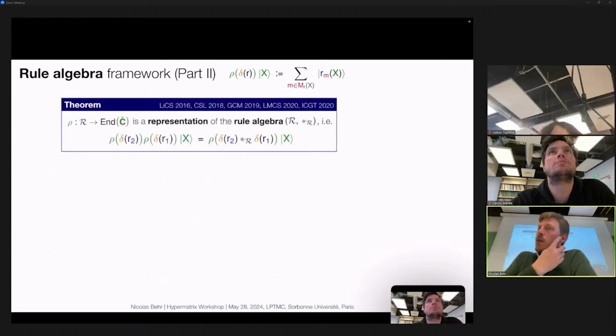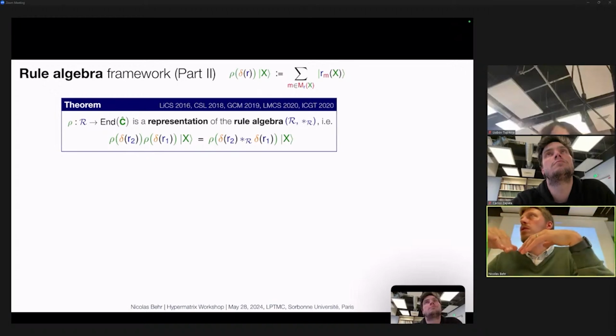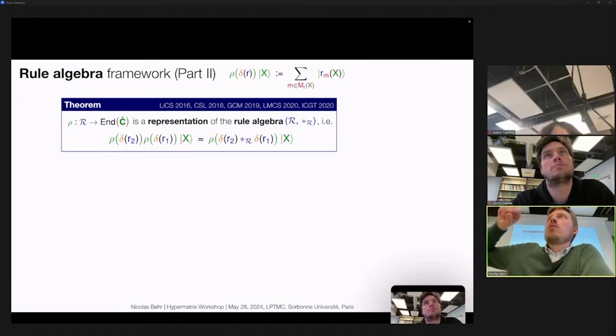And now the real fun part starts, to see that this rho, if the underlying system is compositional, will be bona fide the representation of this rule algebra, of the associative unital algebra, on the vector space of graph states, of graph isoclasses. So it'll satisfy in particular this relationship: if you apply in all possible ways one rule, and then to the outcomes in all possible ways a second rule.